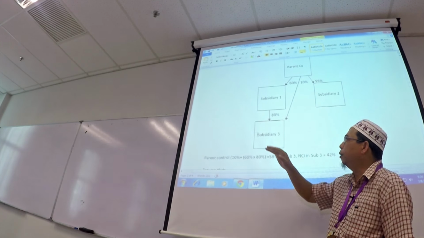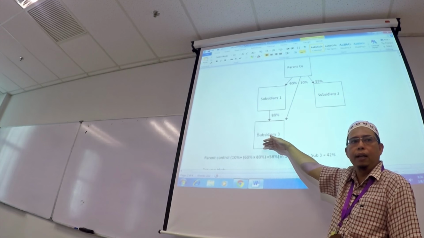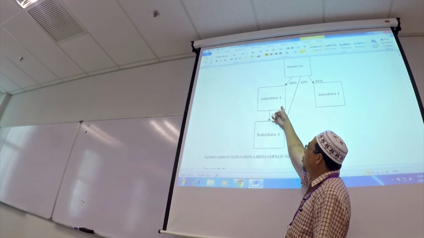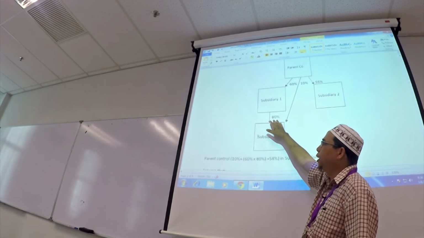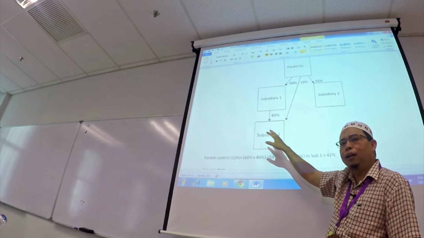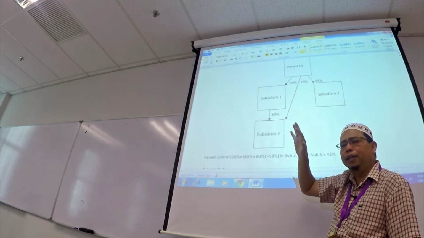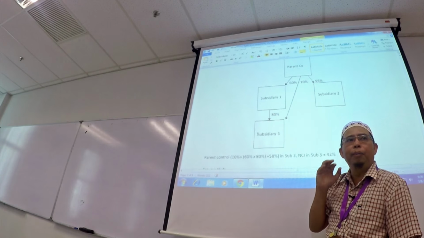So when you look at the parent account, parent over subsidiary 3, even though subsidiary 1 paid 5 million for subsidiary 3, when the parent records to calculate goodwill in subsidiary 3, the consideration transferred is not 5 million. It will not be 5 million.